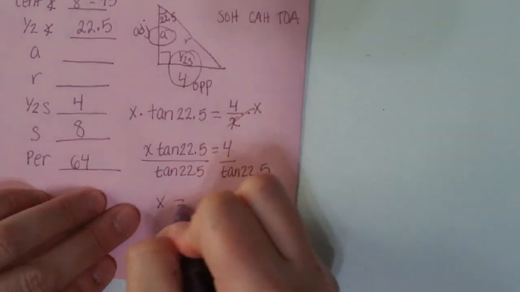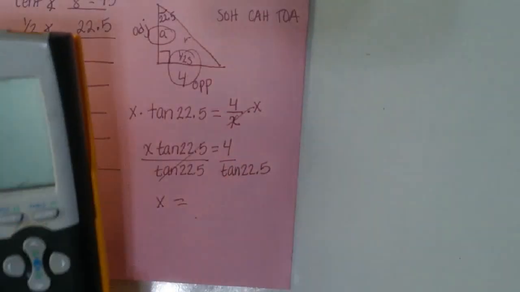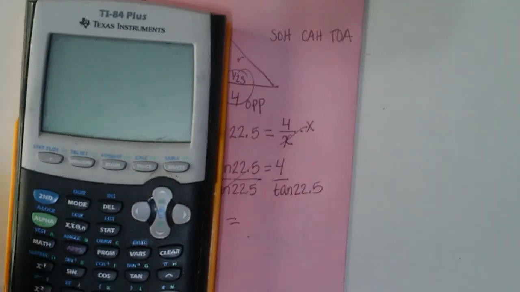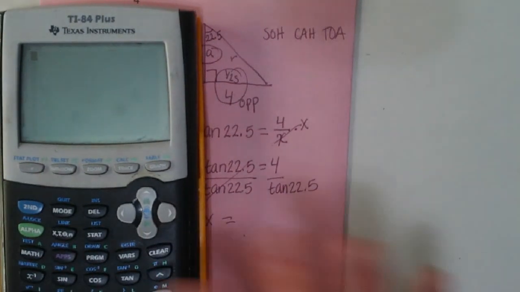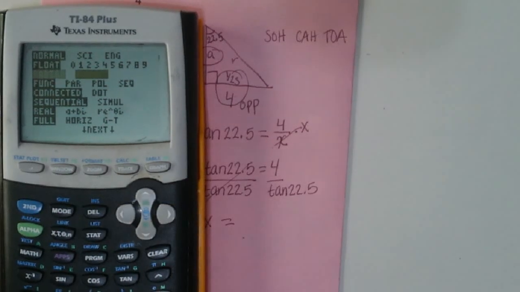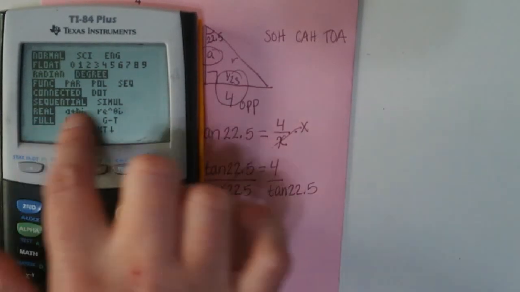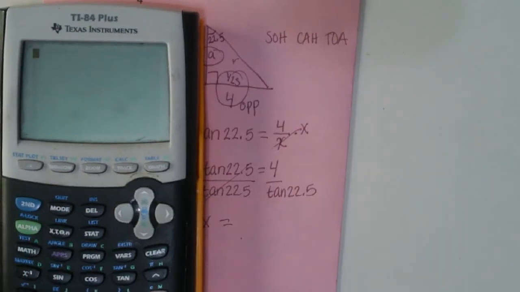So to find x, that cancels out. 4 divided by tangent of 22.5. Now, using your calculator, or if you're using one online or even your phone, remember you need to make sure that your mode is set to degree. So mode, scroll over to where degree is highlighted. Once you're done, we can get out of that.